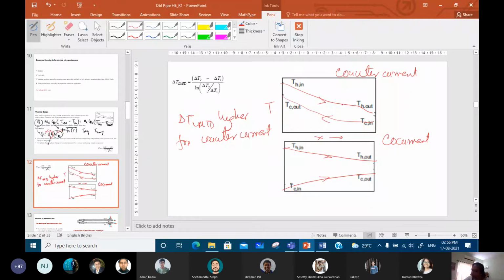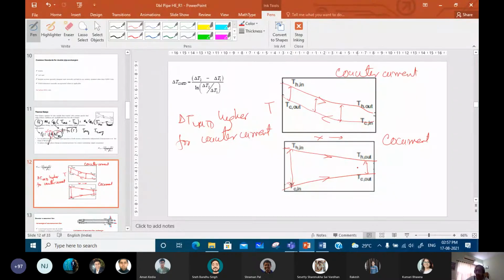See, in counter current flow, you'll find that the delta T, the temperature differential to which the tube material is going to be exposed, remains more or less constant, or does not vary much. So the thermal stress on the tube material is much more uniform for counter current flow, while for co-current flow you find that at the beginning there is a huge thermal stress, and then that decreases as we go ahead.